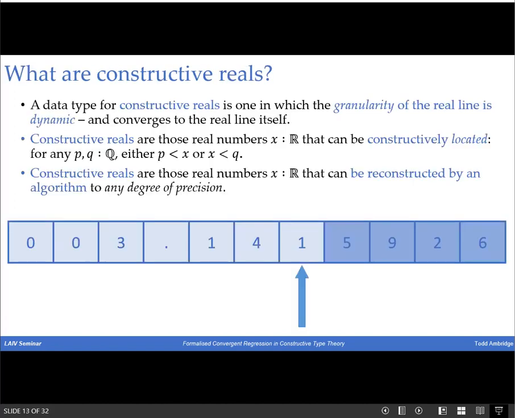If we think of a very naive Turing machine-like representation, we can look at pi and say, give it to us to 3 decimal places, that's 3 layers of precision, then give it to us to 4 layers, give it to us to 5, give it to us to 6. And as I say, this infinite process eventually, in quotes, because it's an infinite process, converges, because we'll get the actual number.